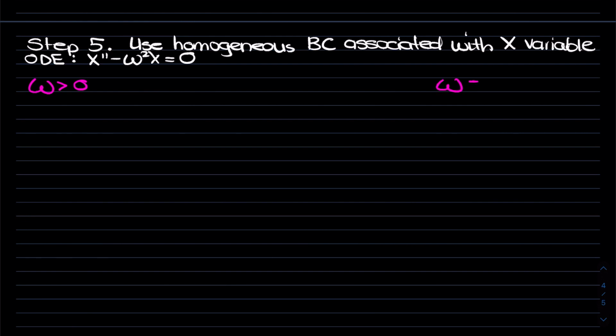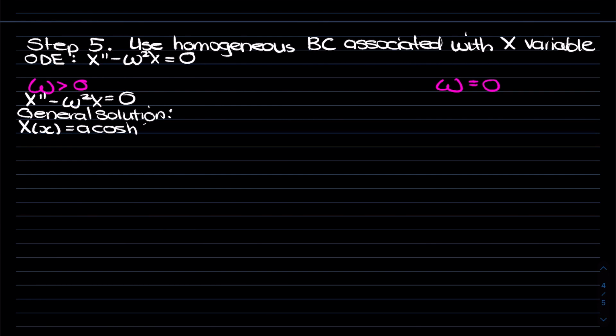So in the case for lambda greater than 0, our X double prime minus lambda squared X equals 0 has a general solution of the form X of little x equals a hyperbolic cosine lambda x plus b hyperbolic sine lambda x.